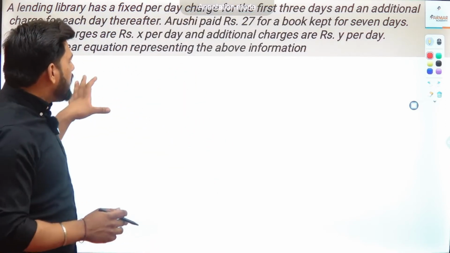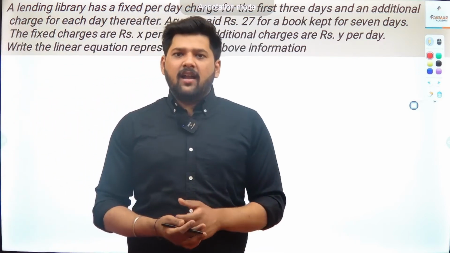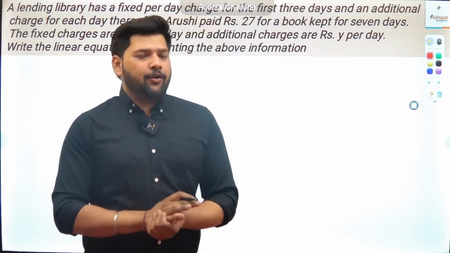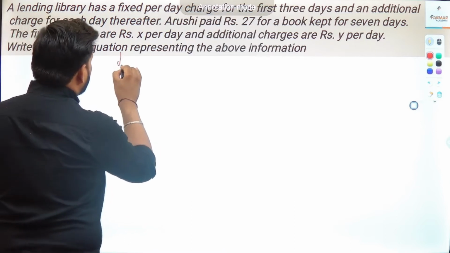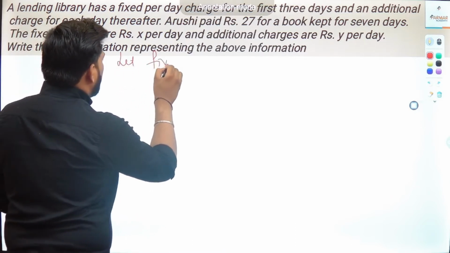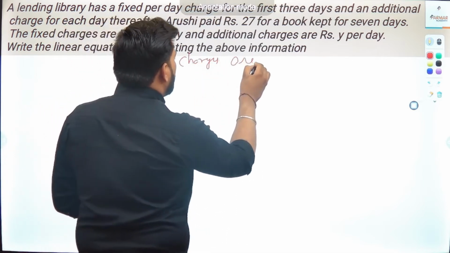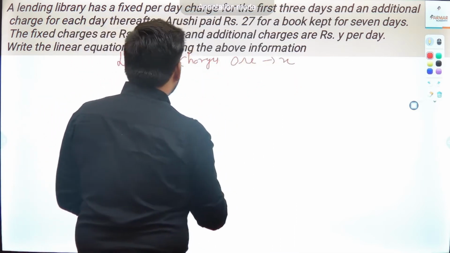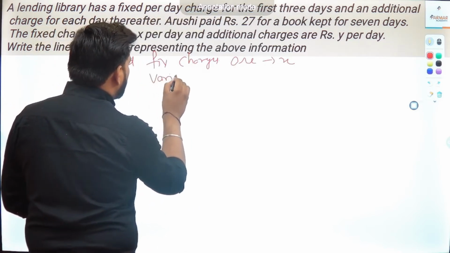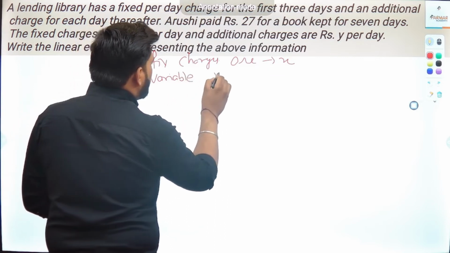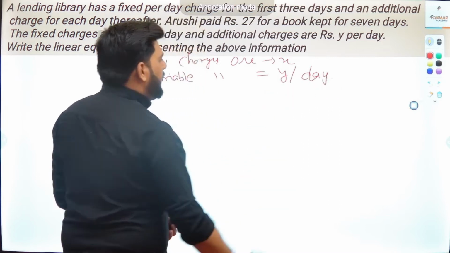So what actually is this question about? There are some fixed charges and some charges that are per day. So let the fixed charges be x rupees and the variable charges be y rupees per day.